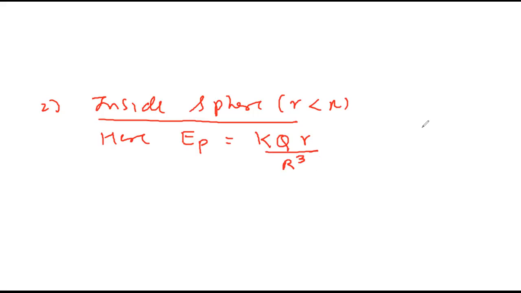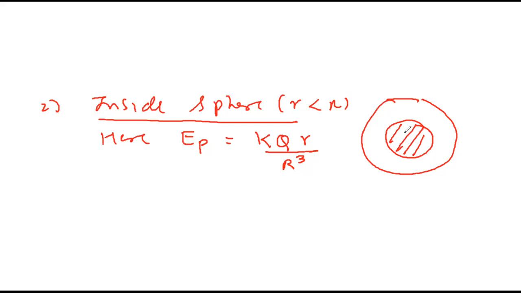फिर समझा देता हूँ, फ्लक्स वाले से बताता हूँ, फ्लक्स से. If the point is inside the charged sphere, by Gauss's theorem, what will be the charge enclosed? See, if charge density is rho, rho means charge per unit volume.